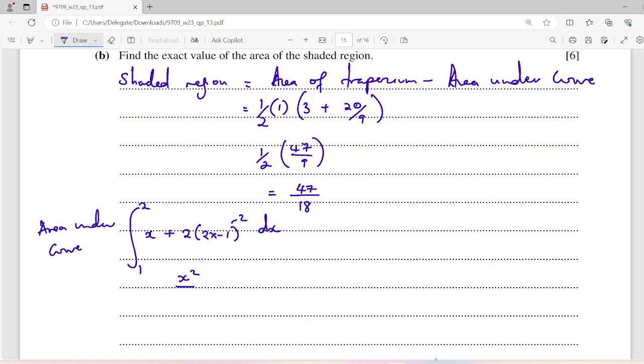We do the reverse of the chain rule: we increase the power by 1 and divide by the new power times the derivative of what is inside the bracket, and then we use our limits 1 to 2. After integrating, you'll see the terms closing out. So basically it is x squared over 2, then minus 1 out of 2 times (x minus 1).